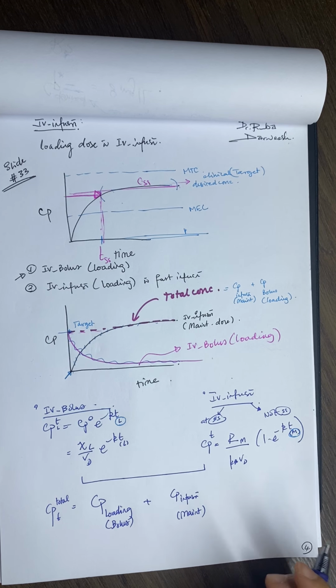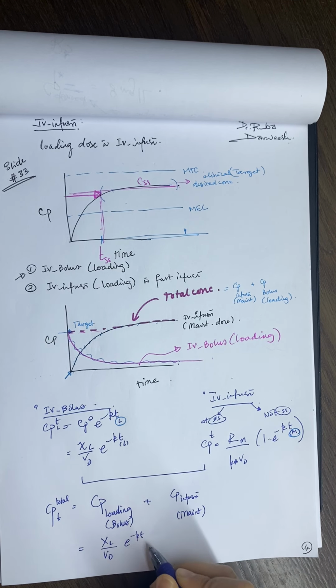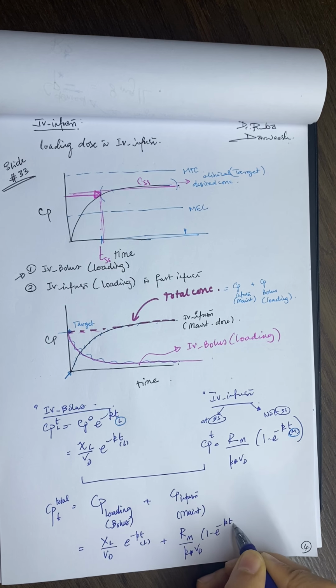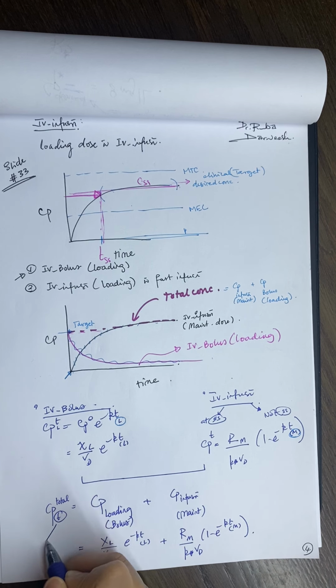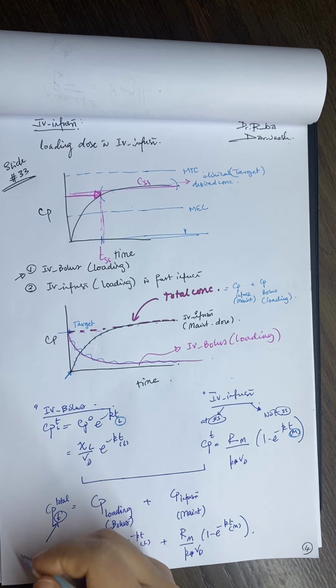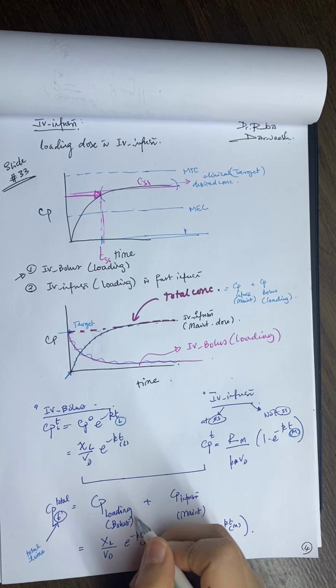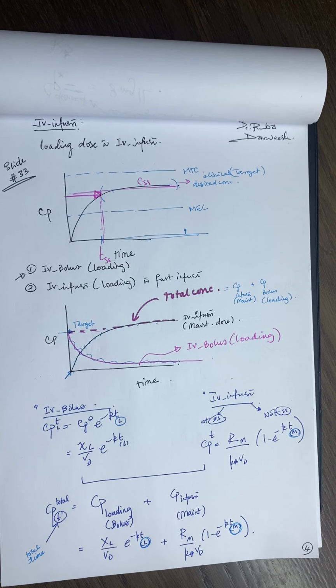So this is what you will have, loading over VD, and you just have the total equation at a certain time, and this is the time that we are interested in, which is the total time. Again, just be careful: if we started at the same time, the time will be the same. If not, the time will be different.